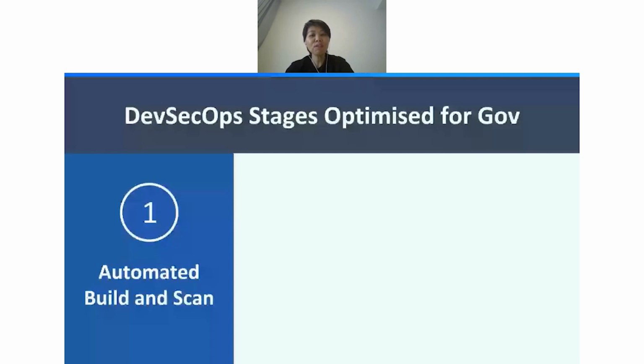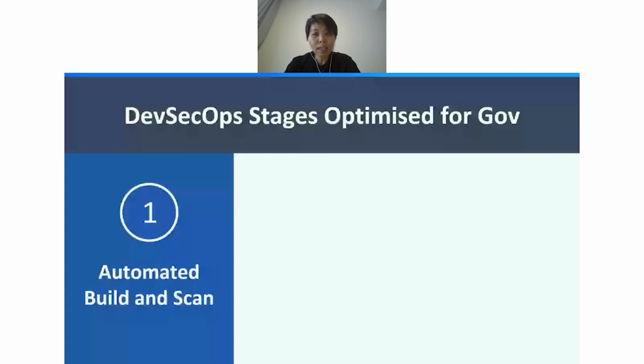Okay, so to be in line with the Singapore government requirements, you can roll out DevSecOps in 3 different stages. Stage 1 is about automating build and static test and static scan. Static test is, for example, your unit test, and static scan, for example, your static code scanning or your third-party library scanning.